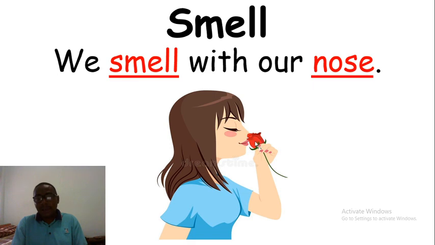This is a flower. The nose is the one that helps her to smell. We use her if we are talking about a girl or a woman. She is smelling the scent of this flower.